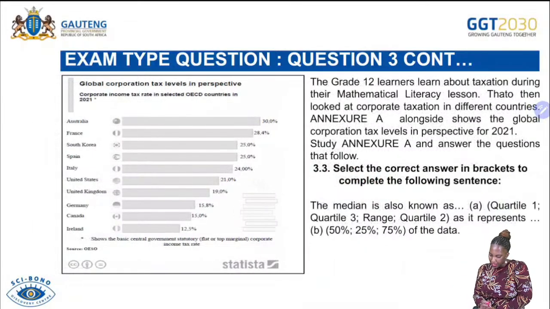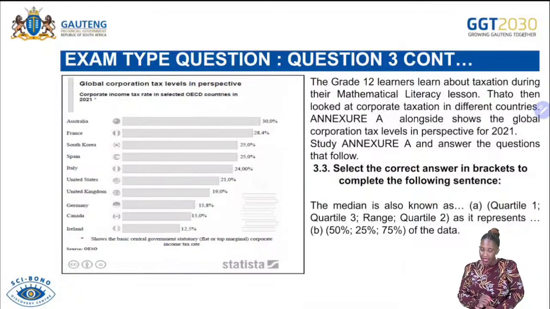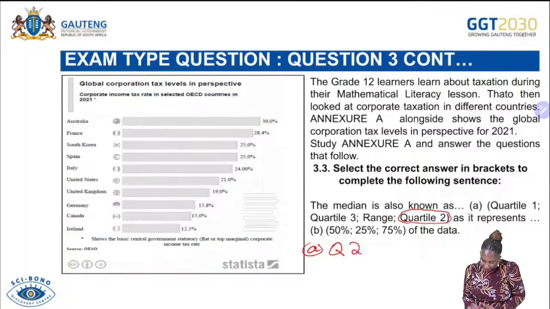It says the median is also known as what? The median is also known as the Q2, because it is the middle value. And it represents what? The 50%, because now we are dividing the data set into 2.